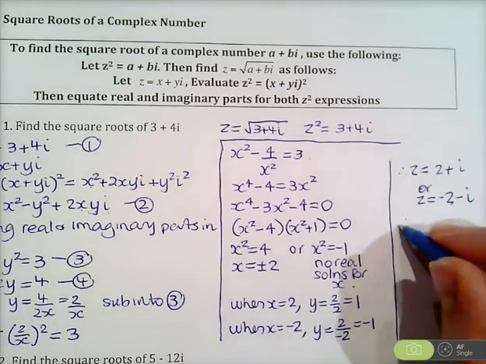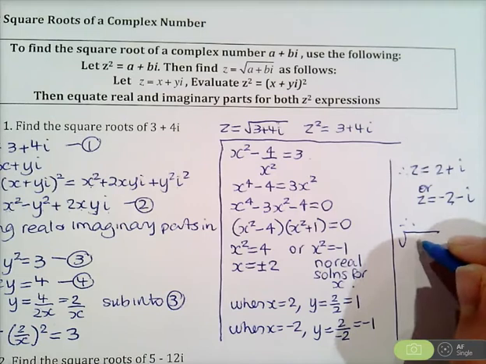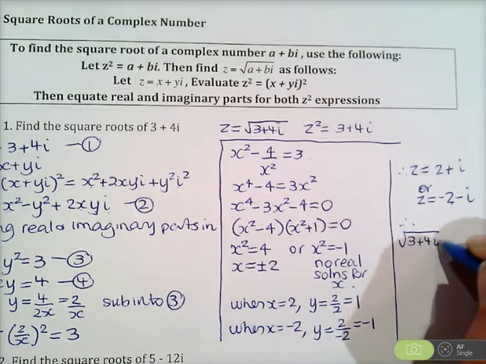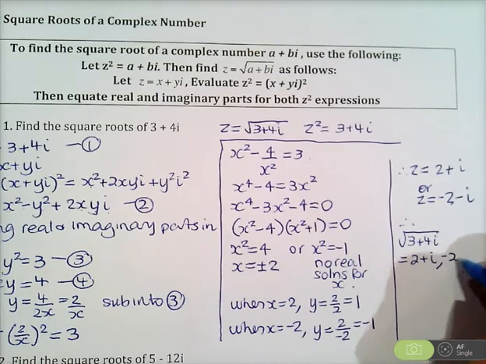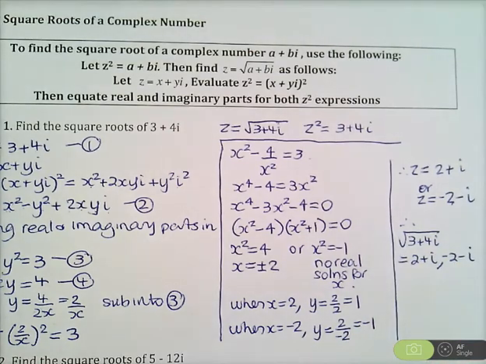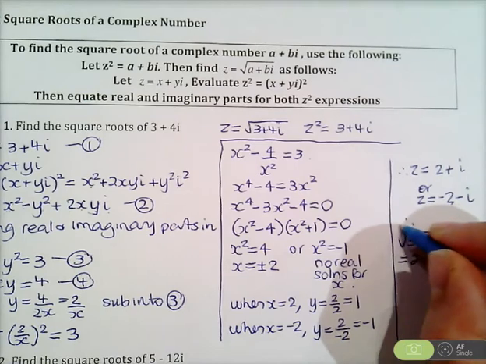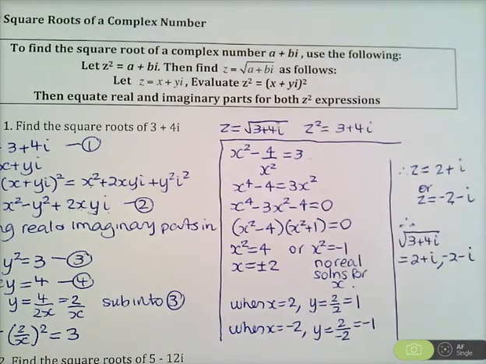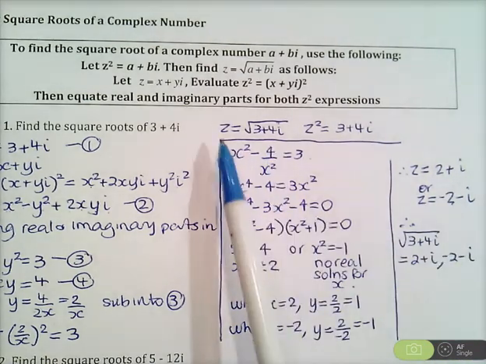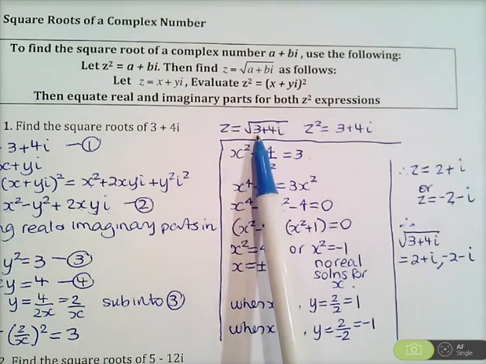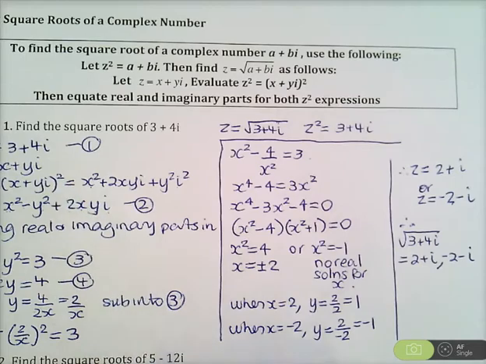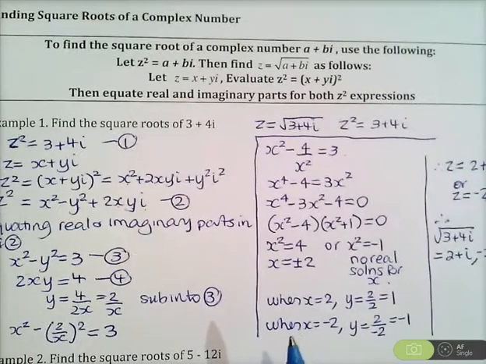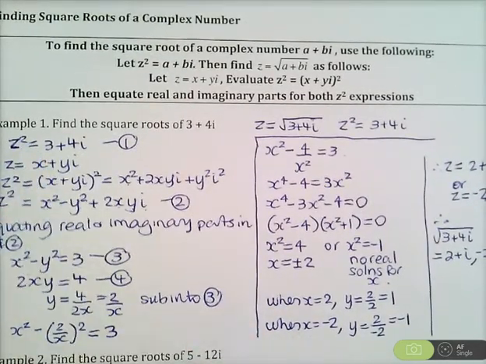So therefore, we can say that the square roots of 3 plus 4i are 2 plus i and -2 minus i. So they're my square roots of 3 plus 4i, okay? Because z is the square root of 3 plus 4i. z happens to be x plus yi, but to do this question, you need to work with z squared, okay?